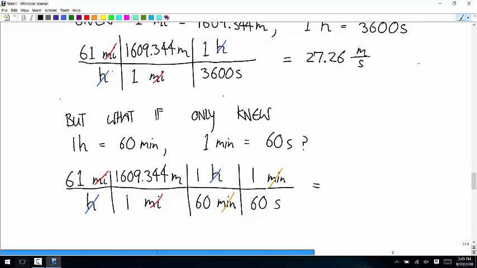And so we have one more step in this conversion compared to this one. But if you multiply all those numbers out, you get the same answer. Yeah, I'll give you every conversion.